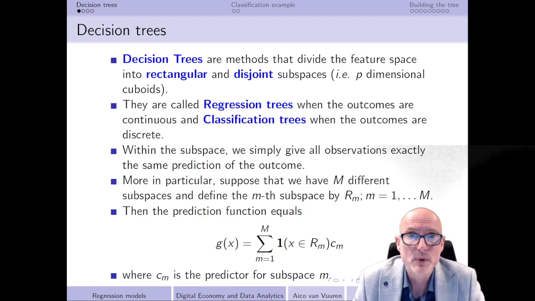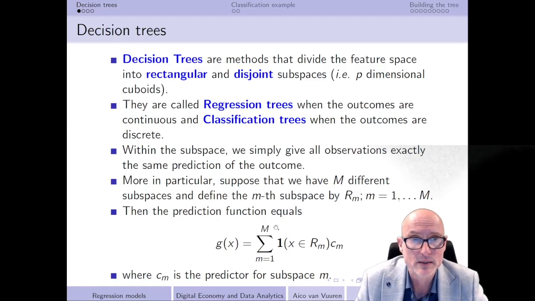More in particular, suppose that we have M different subspaces and define the m-th subspace by Rm. Then the prediction function g(x) is equal to the following sum. We sum over all the different subspaces that we have defined, and we get an indicator function that indicates only if x is part of this Rm.